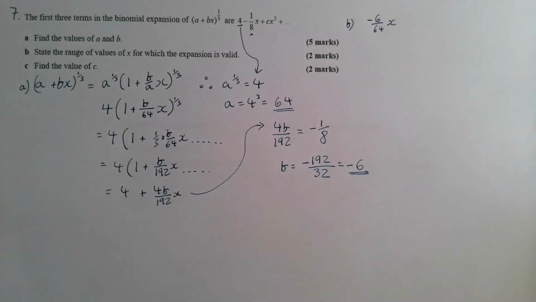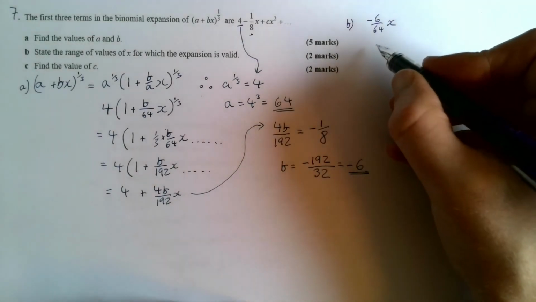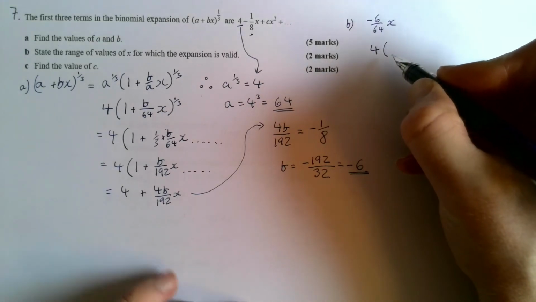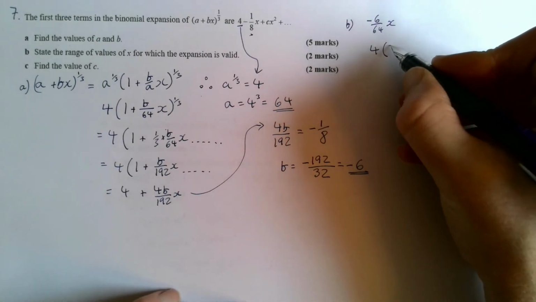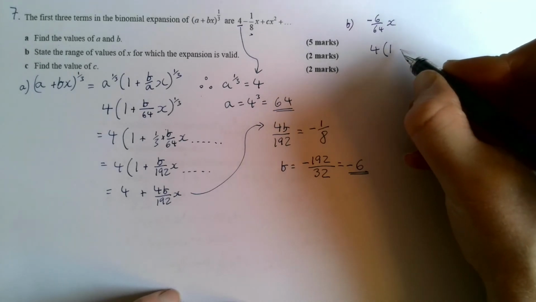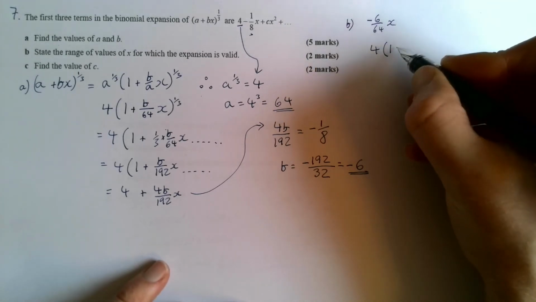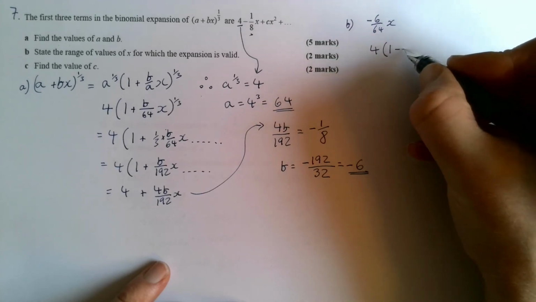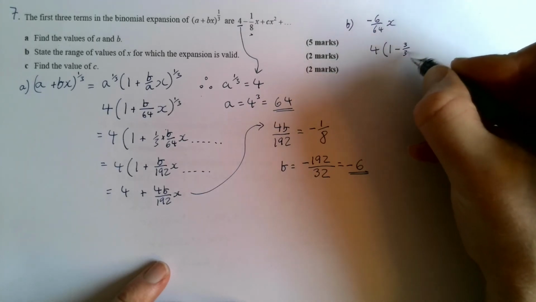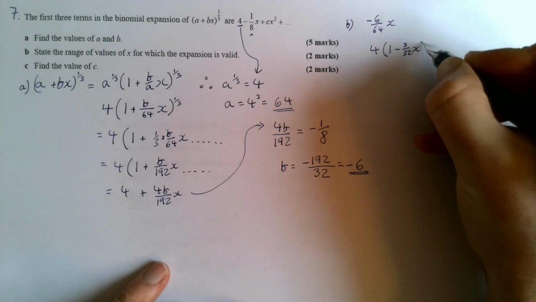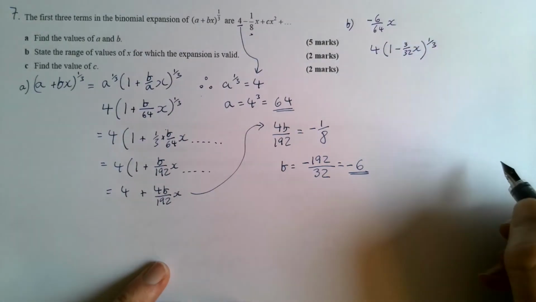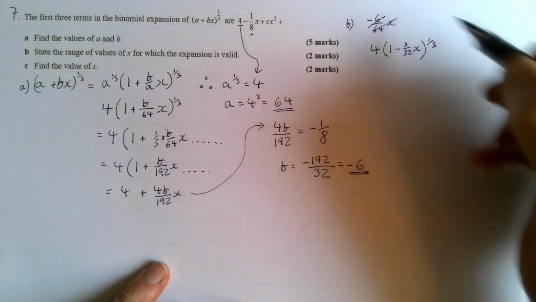Does that matter? No, it shouldn't actually. Sorry, just to make this clear, what we've got as our expansion, we know we've got 4, we've got 1, and then it's negative 6 over 64, which we may as well put in its simplest form as 3 over 32 x, and that's all to the power 1/3, isn't it? That's actually what we are expanding.